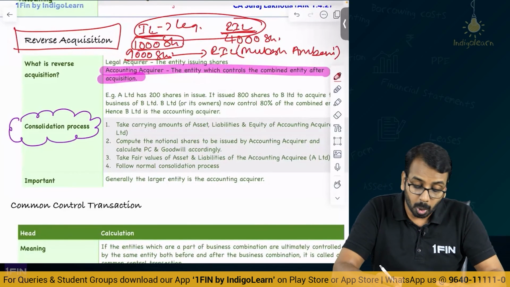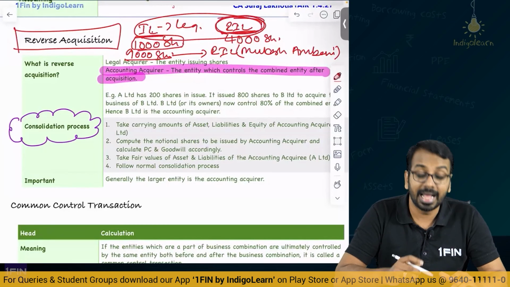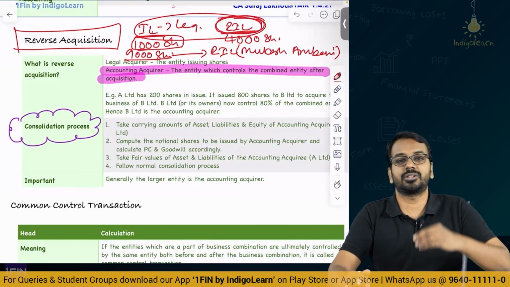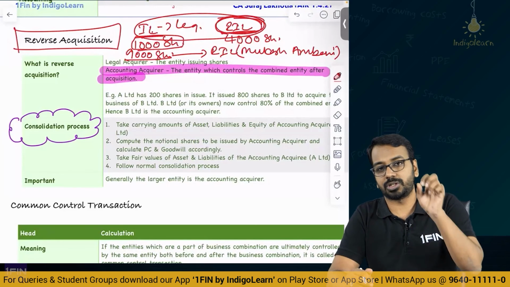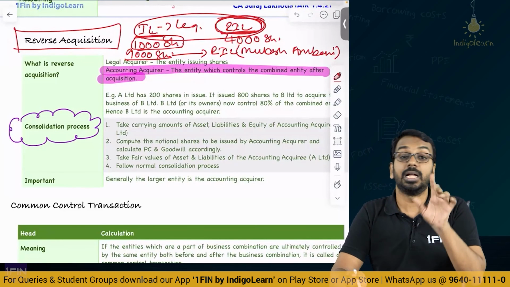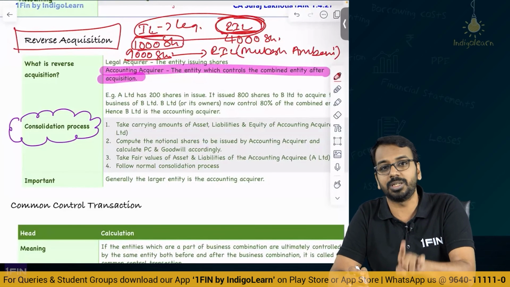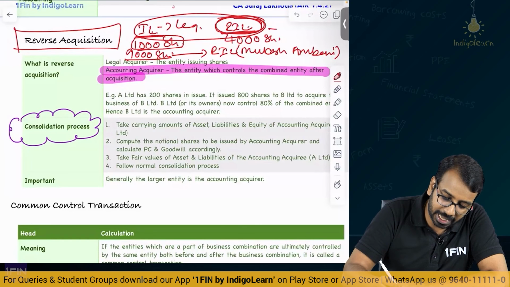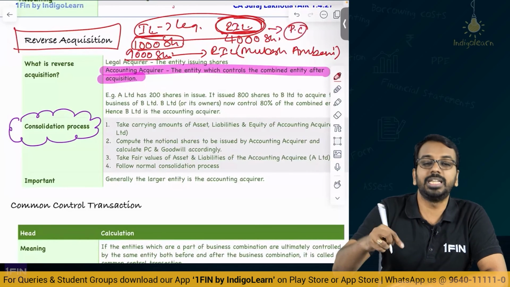Then how will we do it? All the accounting has to be done as if Reliance Industries has acquired. So calculation of purchase consideration, incorporation of assets and liabilities, everything will be done considering Reliance to be the acquirer. So what is the meaning of that? RIL will determine what is the deemed purchase consideration.